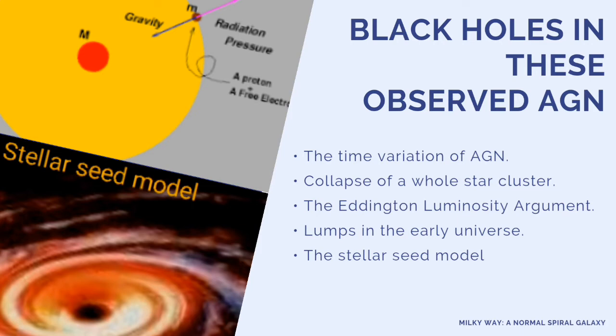Thus, excess non-stellar emission has been observed in the radio, microwave, infrared, optical, ultraviolet, X-ray, and gamma-ray wavebands. A galaxy hosting an AGN is called an active galaxy. The non-stellar radiation from an AGN is theorized to result from the accretion of matter by a supermassive black hole at the center of its host galaxy.